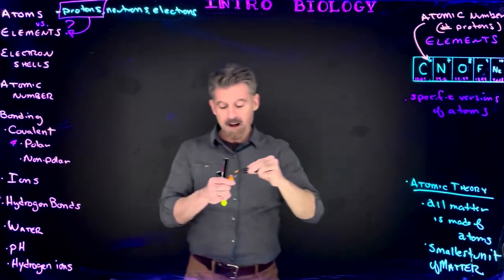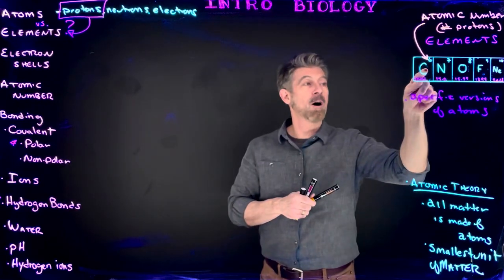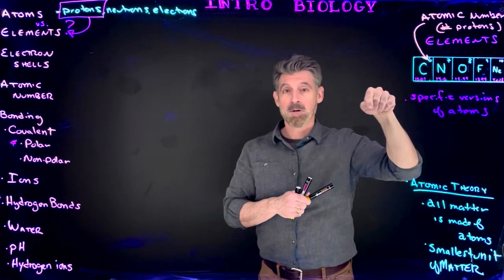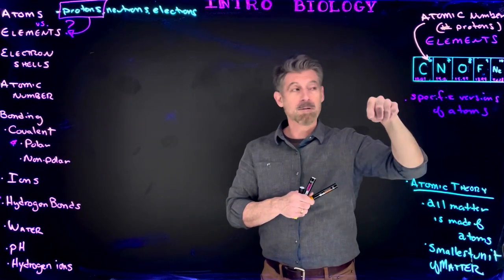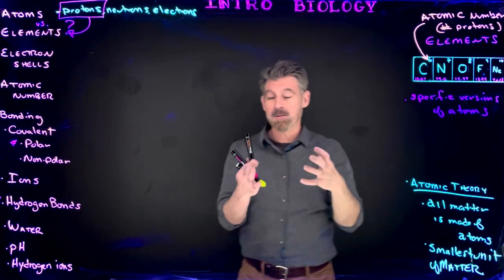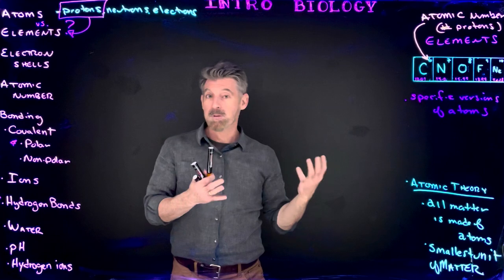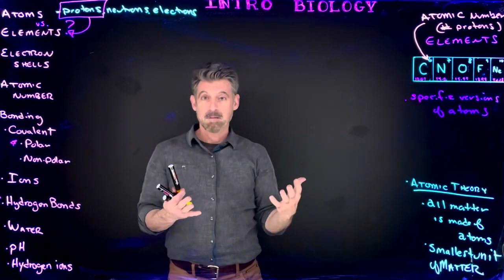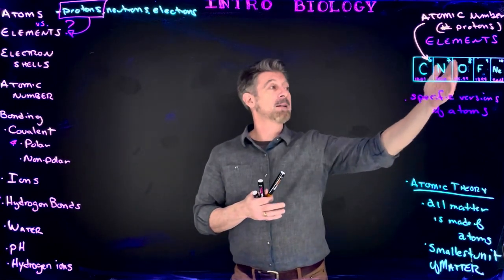And that's what defines an element. So here we have carbon with 6. So that means there are 6 protons. Nitrogen has 7 protons. That's what makes an atom a nitrogen atom. Nitrogen because it has 7 specific protons. It doesn't have 8, it doesn't have 6, it has 7. That's specifically for, okay? Oxygen has 8, fluorine has 9, neon has 10.